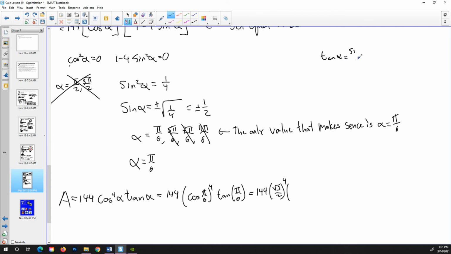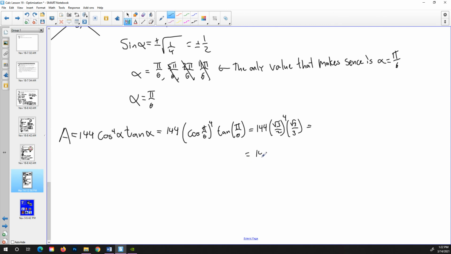The tangent of pi over 6, well, tangent is the sine of alpha over the cosine of alpha. And so if I do pi over 6 and the cosine of pi over 6, I'll get 1/2 over square root of 3 over 2. That'll give me square root of 3 over 3. All right.